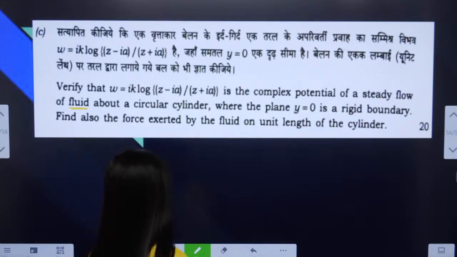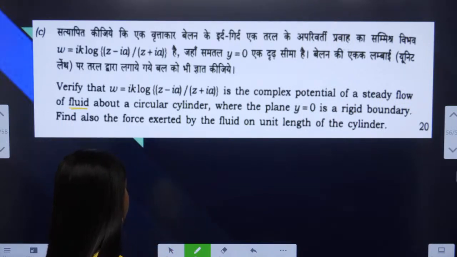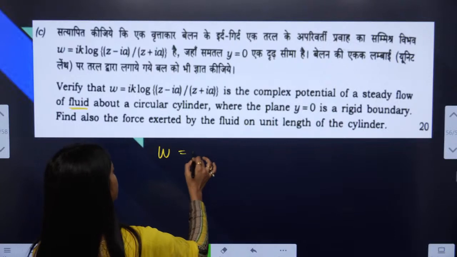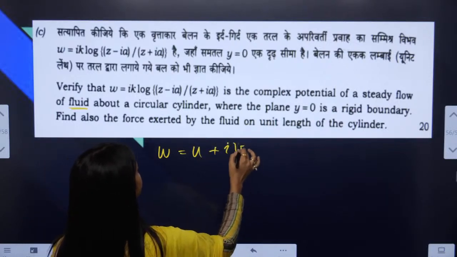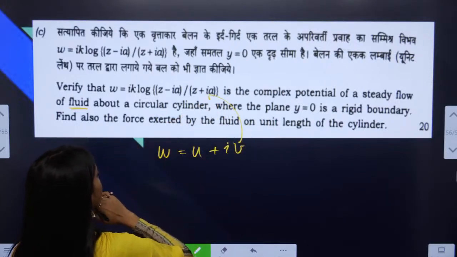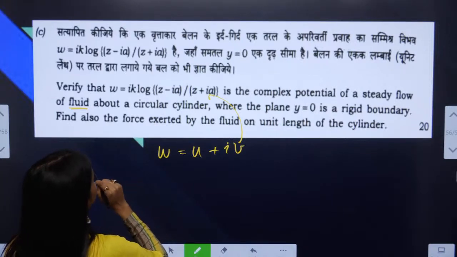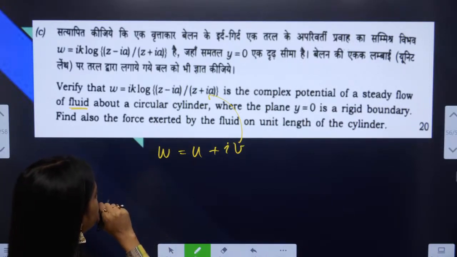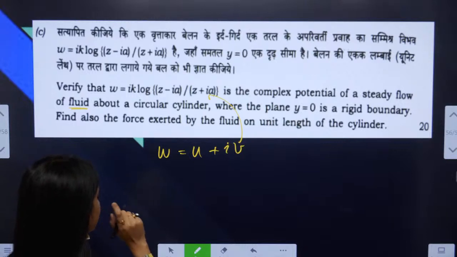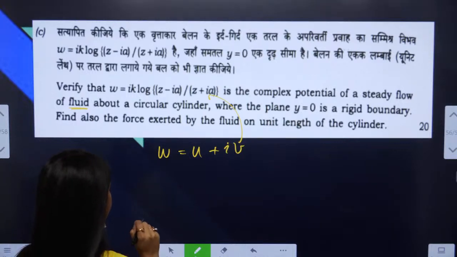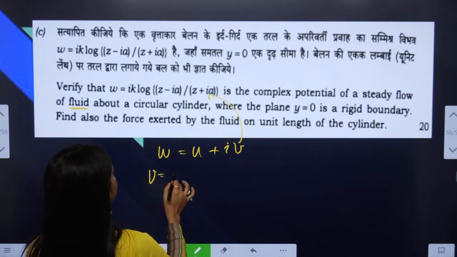So basically, xi is given to you, phi. W is given by u plus iota v, where v is given to you, and the streamline over here will be given by v equal to constant.